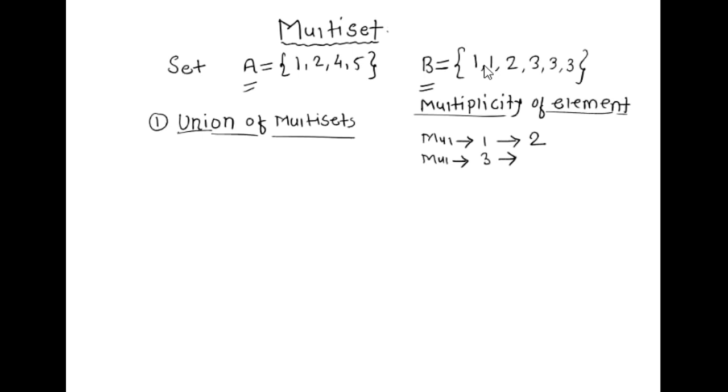So check out how many times element 3 appears in the multiset. 1, 2 and 3. So multiplicity of element 3 is 3. So what about then multiplicity of element 2? So element 2 appears exactly once in the multiset, hence multiplicity of element 2 is 1.